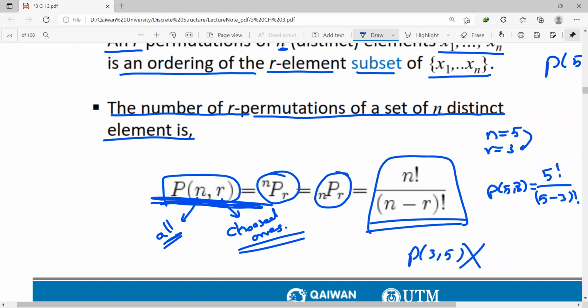That's not correct, because this is the position of n, and this is r. r must not be greater than n. Okay, this is impossible because we cannot choose 5 people among 3 people. We cannot do that.